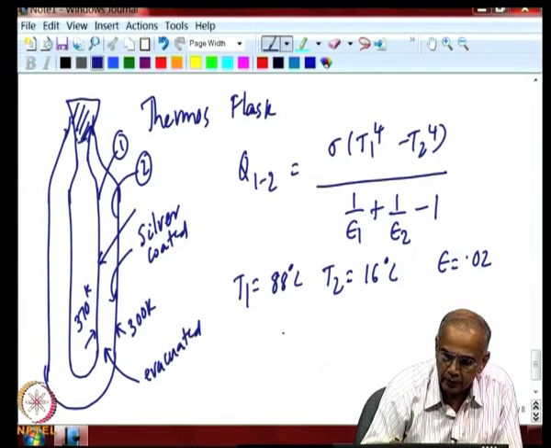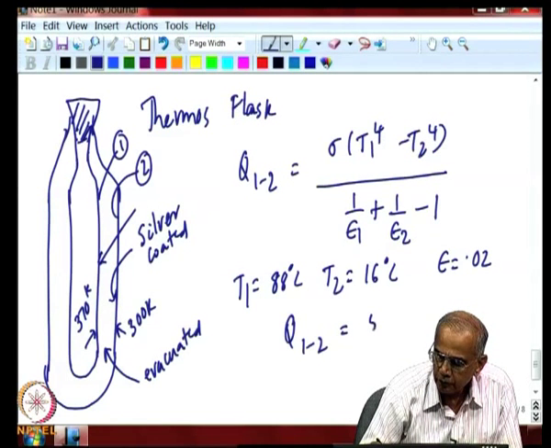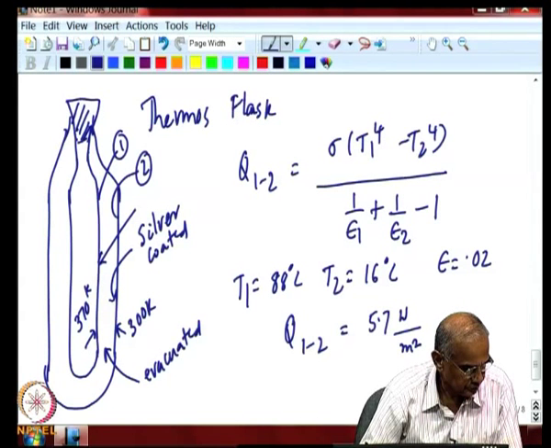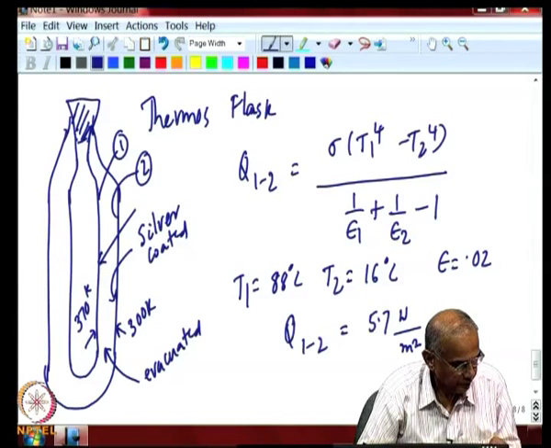Assume all that, you will find that Q12 is of the order of 5.7 watts per meter square. This is quite small, okay.